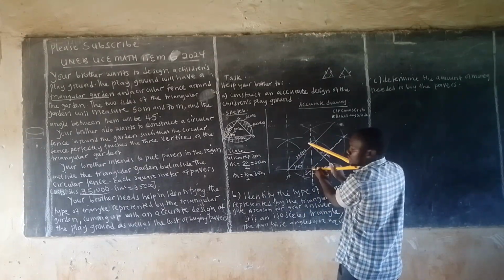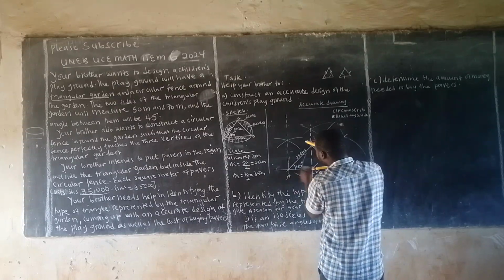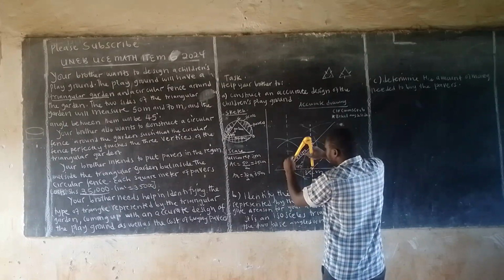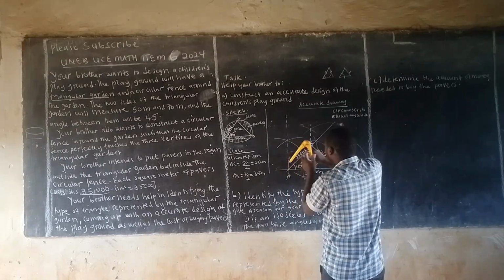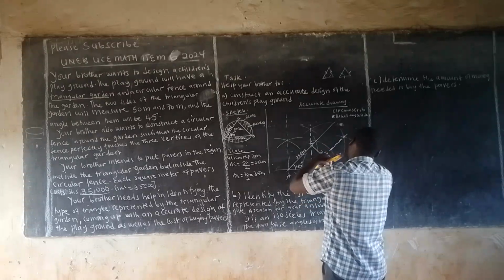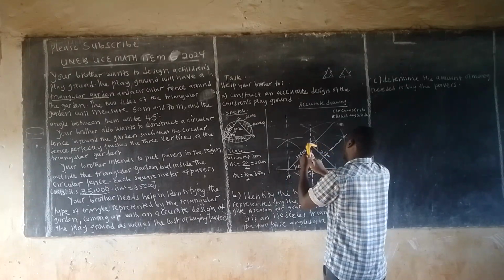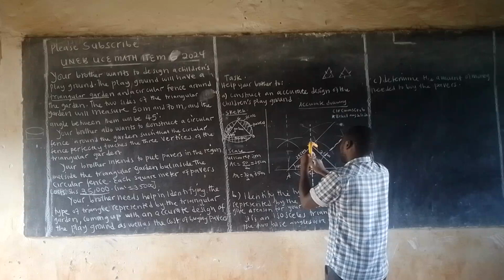So you put the compass there, then you adjust at any of the edges around there. Then you can now draw your circle.